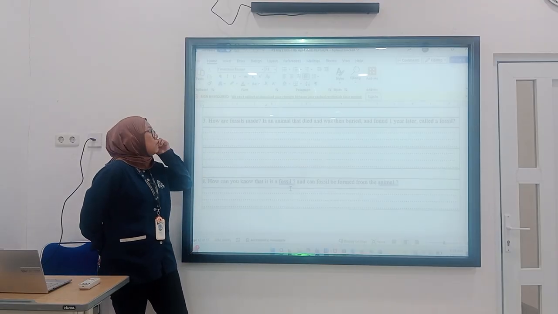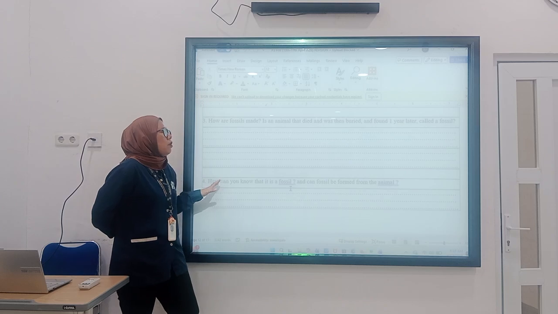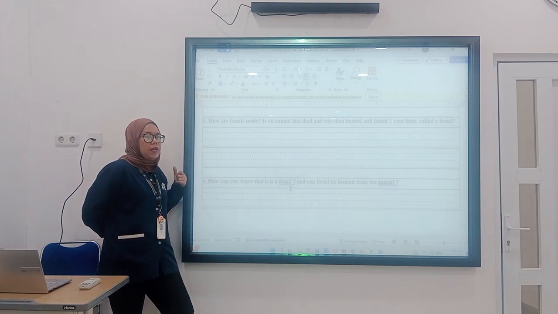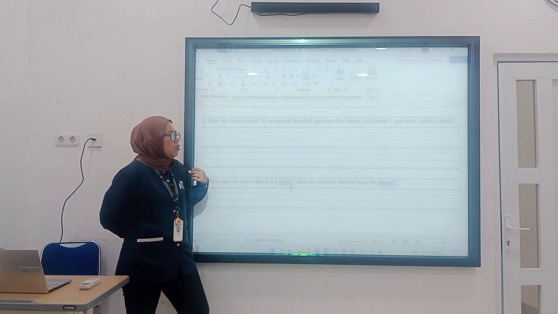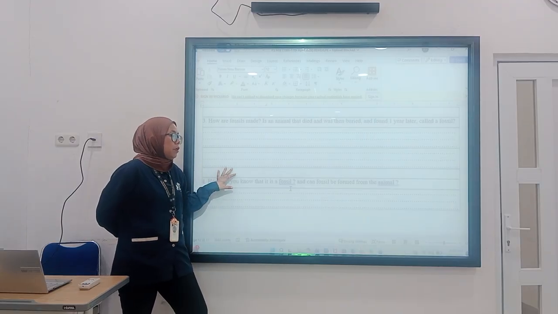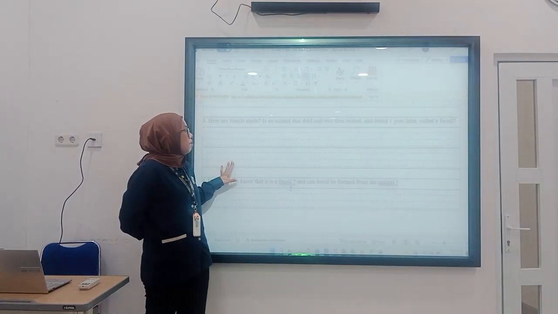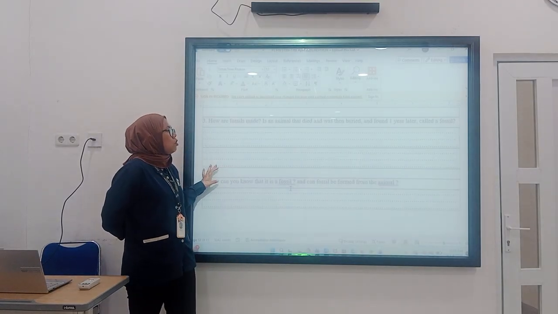The remains of the body of the plants or animals get stuck, and the fossils become rocks over time. So, is it an animal that died and was then buried?